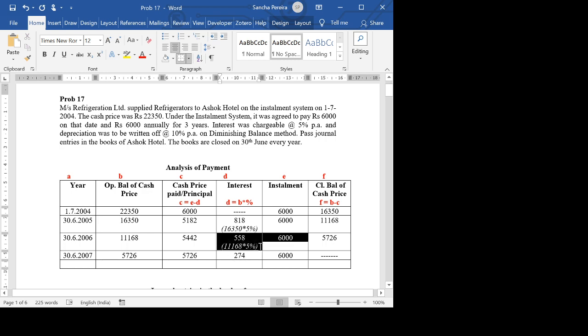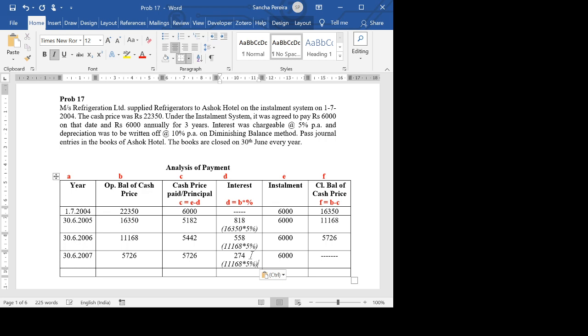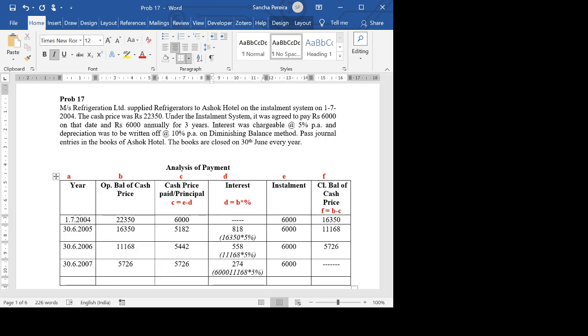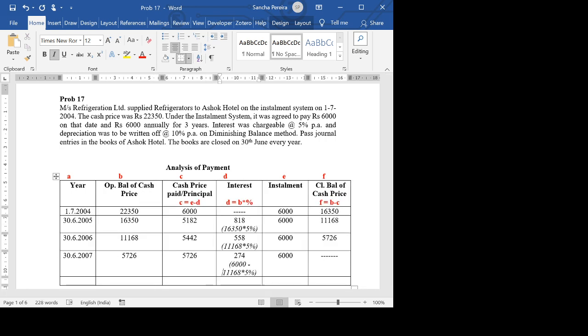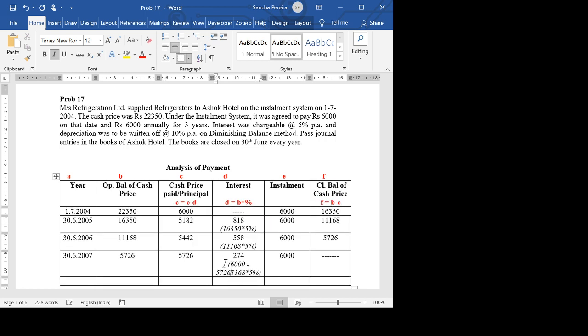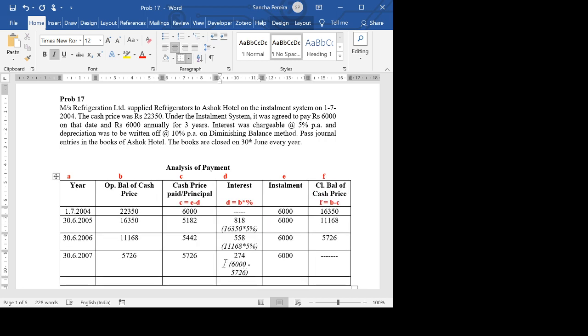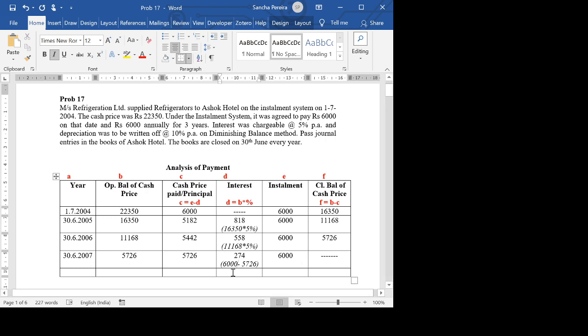It is basically 6,000 minus 5,726. 6,000 minus 5,726.